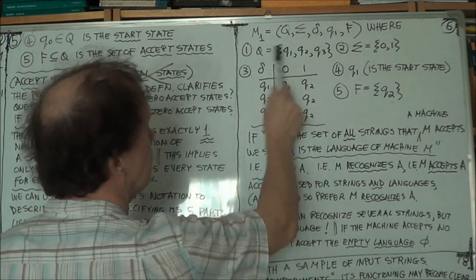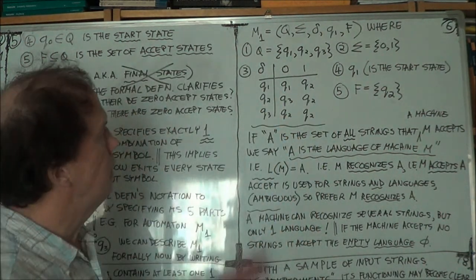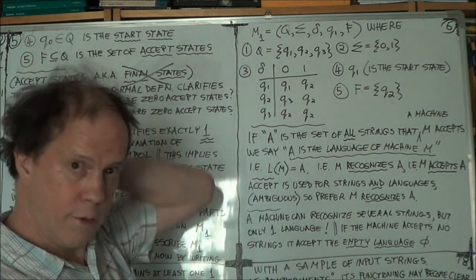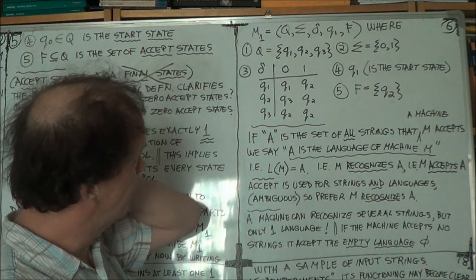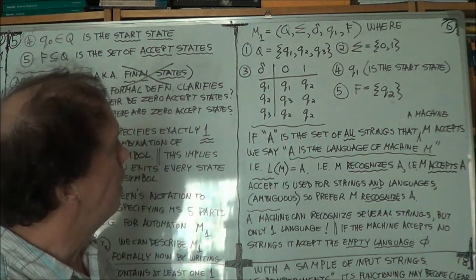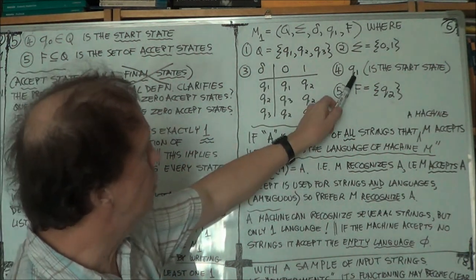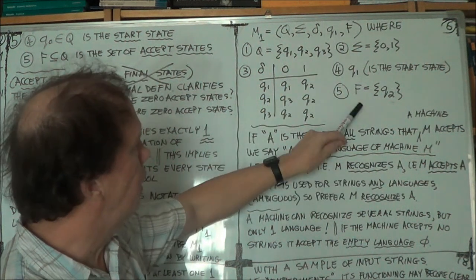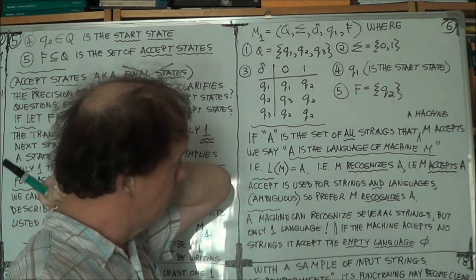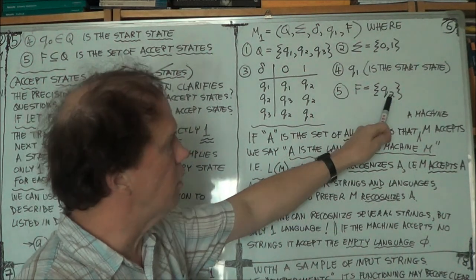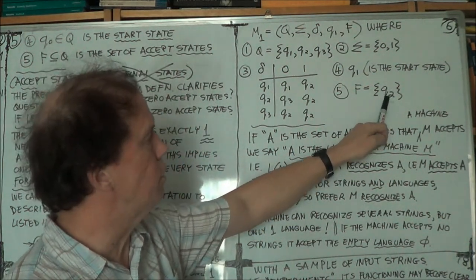So there's that table for your transition function, your delta. Now 4, start state, just Q1 here, and 5, well there's only one accept state, and that was Q2. So it's a set with one member, okay, so Q2.